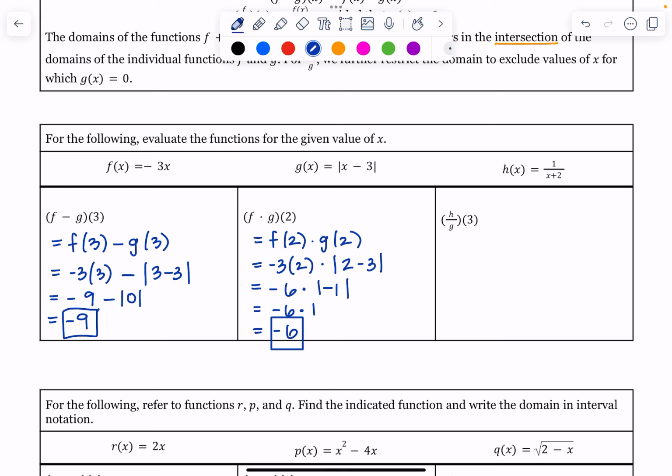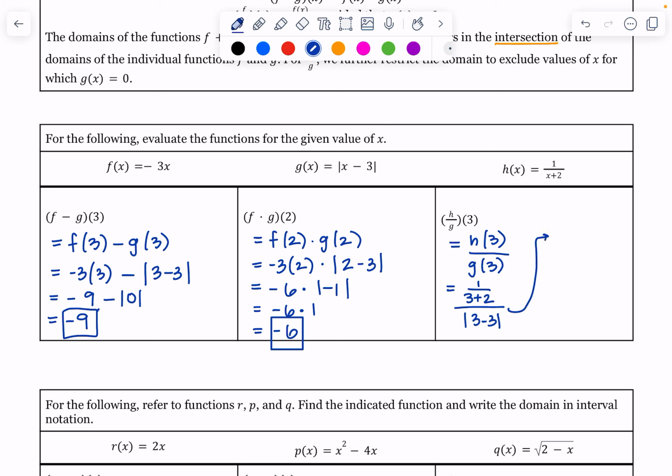Okay, this last one, h over g of 3, is equal to h of 3 over g of 3. And when I do that, h of 3 would be 1 over 3 plus 2, all over, and then g of 3 would be the absolute value of 3 minus 3.